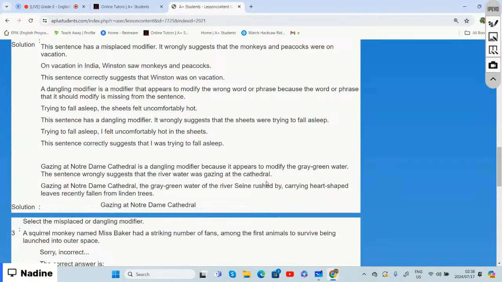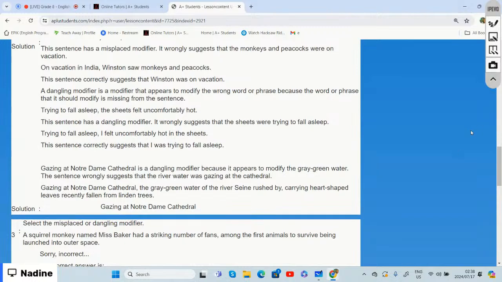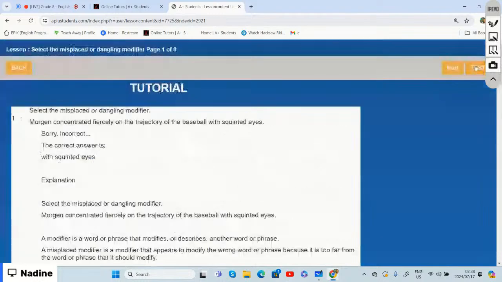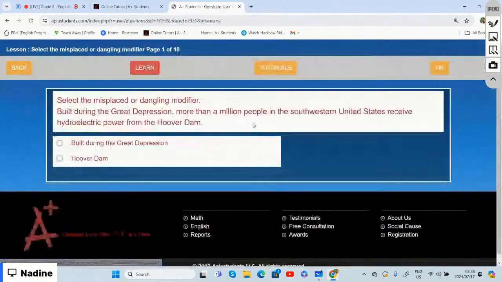All right, so now let's go to our test where we are going to select either the misplaced or the dangling modifier. All right, so it says built during the Great Depression, more than 1 million people in the southwestern United States received hydroelectrical power from the Hoover Dam.